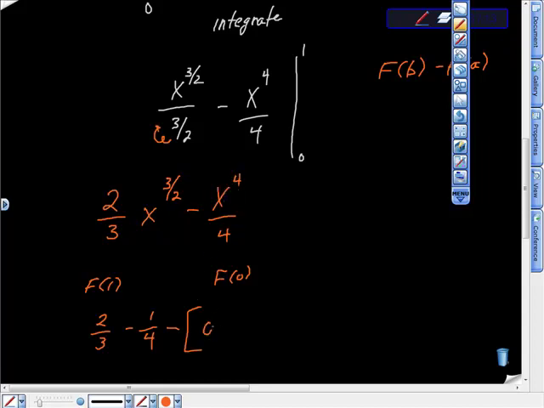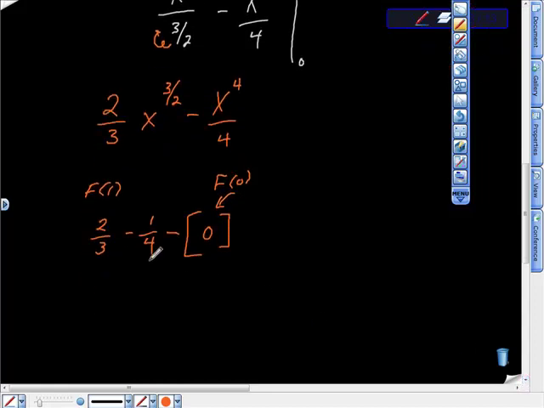So this is just minus 0 here, in this particular case. It's not always the truth. I have to set this up a little bit. I'm going to change these fractions: 2/3 is the same as 8/12, and 1/4 is the same as 3/12. And 8/12 minus 3/12 is 5/12, and there's our solution.